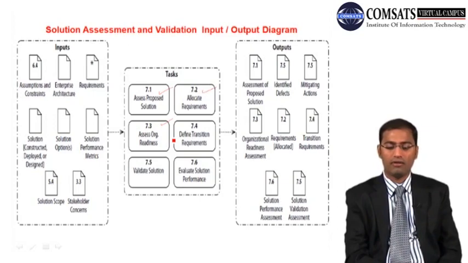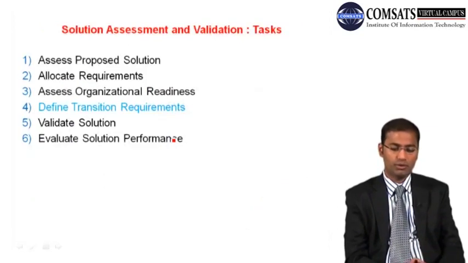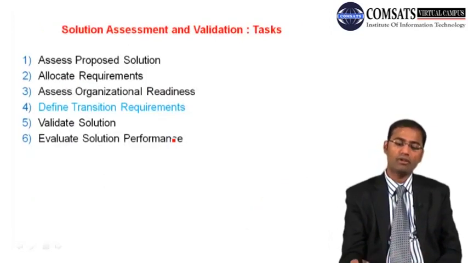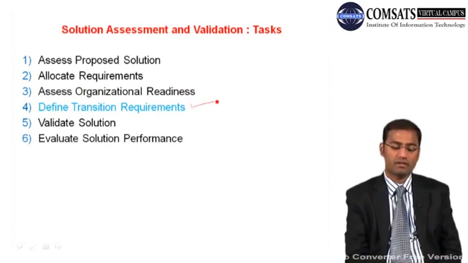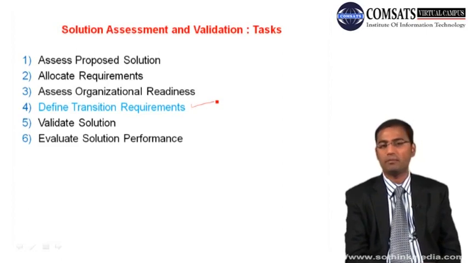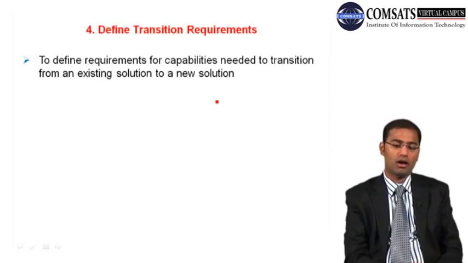Then we need to evaluate solution performance. So now we are into define transition requirements, which is the fourth task of that knowledge area. So let's start this, and then we will get back again to the definition, and we will see if we could relate these tasks to the basic definition or not.